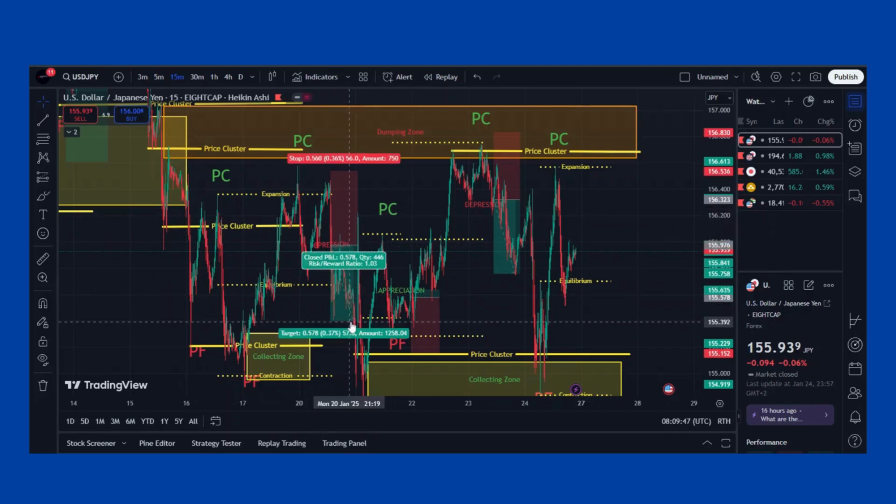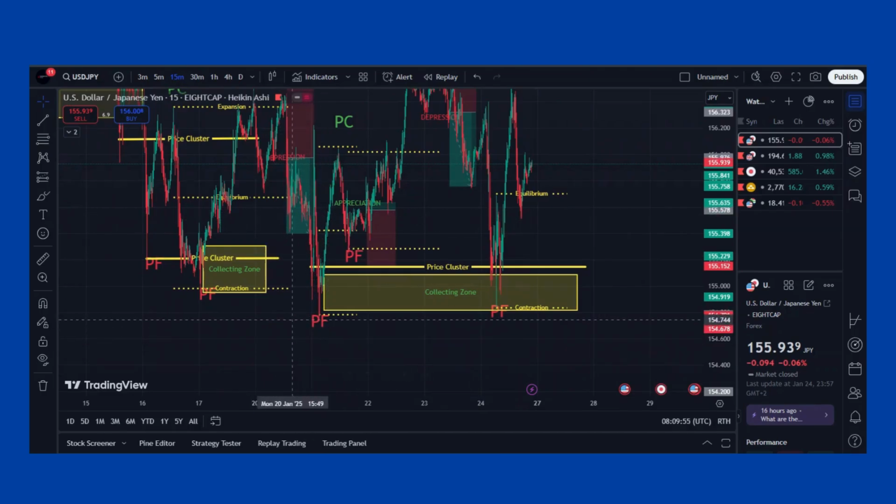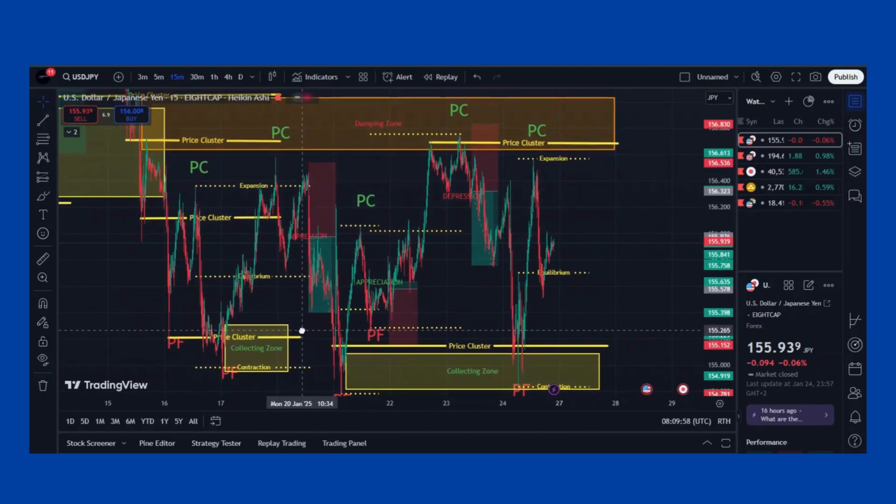And I saw this choppiness, and I thought, no, it's going to hit my stop loss again. So what I did is take 1:1 for the day. I carried on looking at the price movement. As you can see, the price flow went up, from price ceiling to price flow, and we remained below the equilibrium level, which is the construction zone.